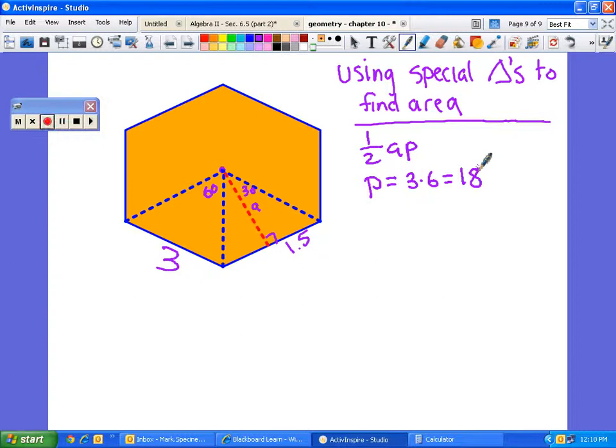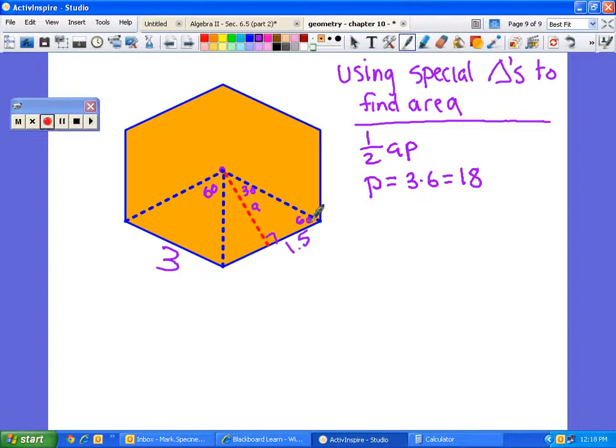It's a special right triangle. And what kind of special right triangle is it? It's a 30, 60, 90 right triangle. We know that because each central angle is 60. And then when we divide that 60 in half, we get that this angle is 30 degrees and that this angle is 60 degrees.